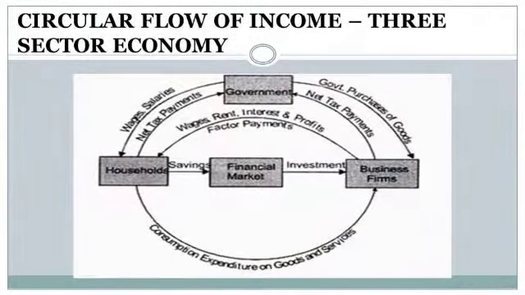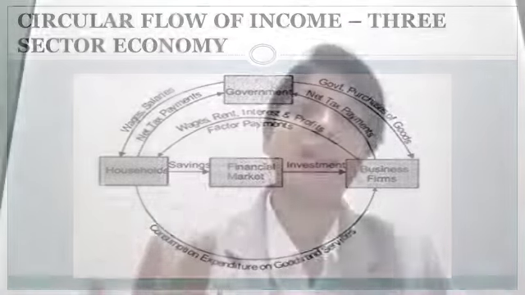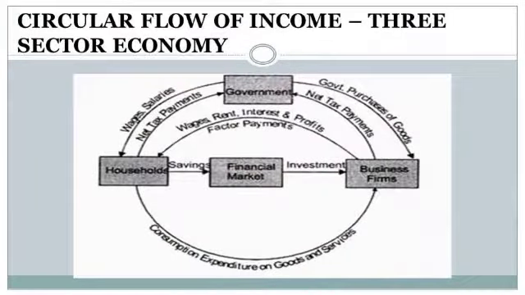Now, the flow would remain the same as we studied in the two-sector model, where the households would provide land, labor, capital and enterprise, in return for which the business firms would give them salaries or wages, interest, profits and rentals. Out of this income, instead of spending most or all of it on consumption expenditure, the households would spend a part of the income in three ways.